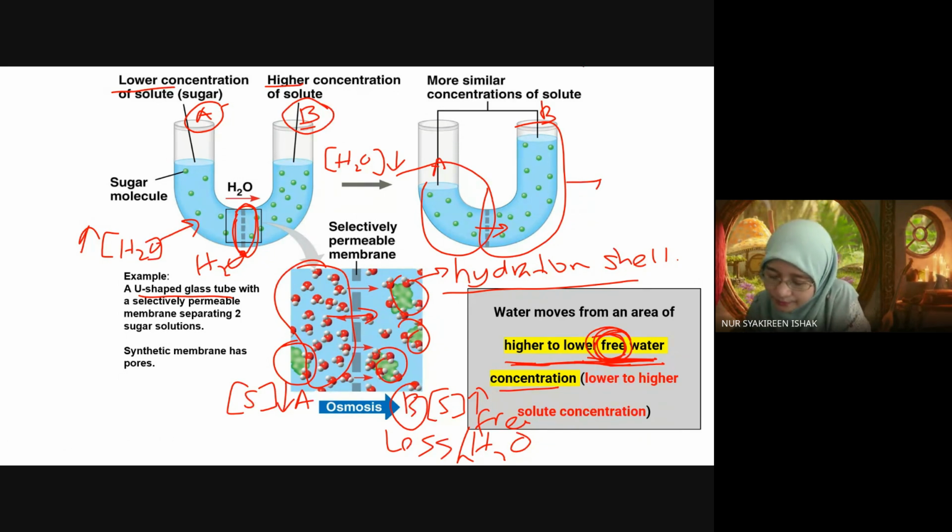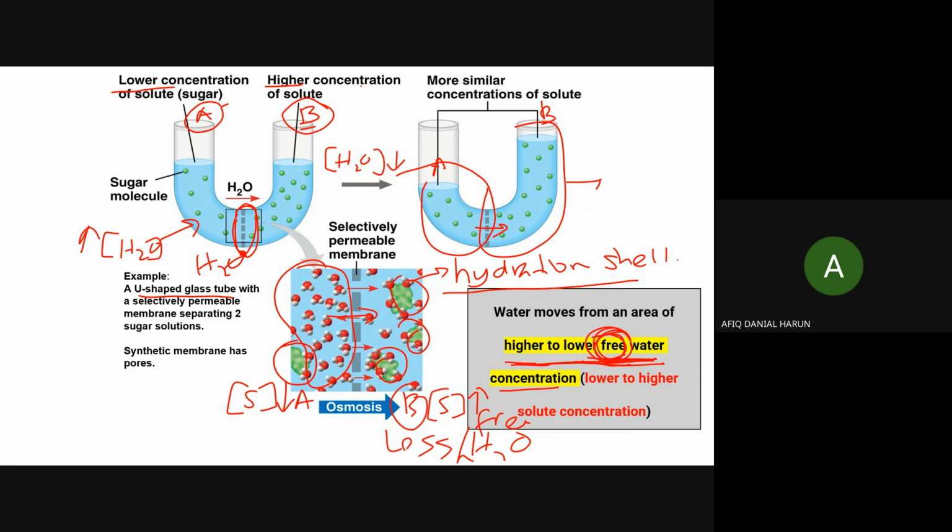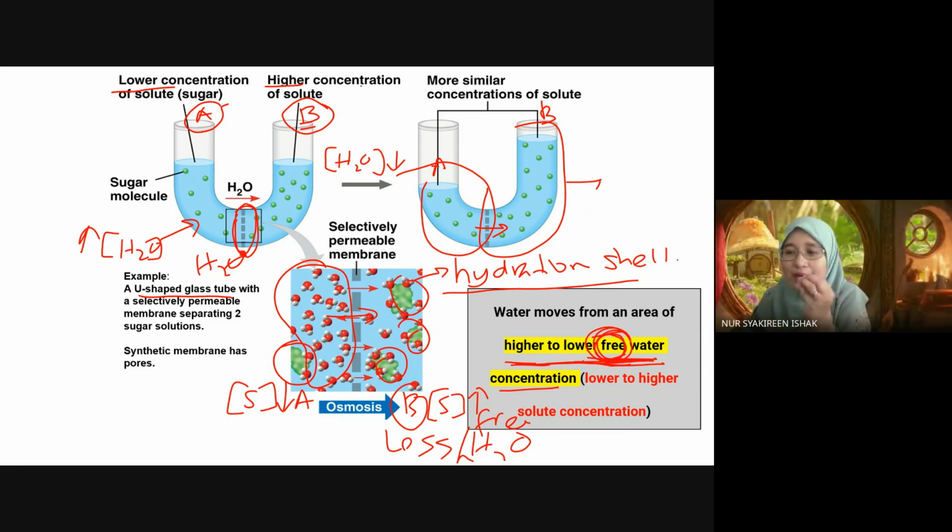Okay, so that is the process of osmosis. So my question just now was, will there be any movement of water if equilibrium is reached? Yes, there is. Even though equilibrium has been reached and both sides have the same concentration of solutes or solution, there will still be movement of water molecules, but at the same rate on both sides.